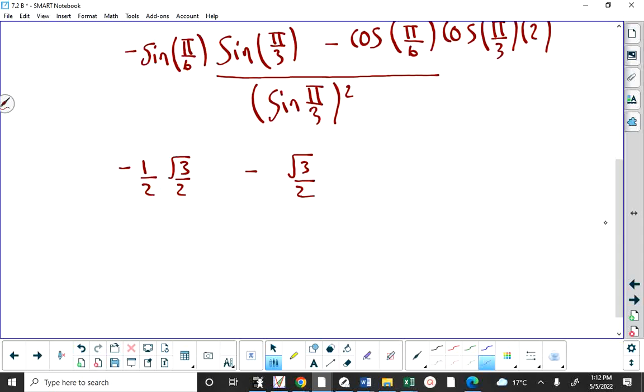Cosine at pi over 3 is 1/2, and I need to multiply by 2. This is over sine at pi over 3, which is root 3/2, and I need to square it. I'm going to take a minute here and see if my trigonometric values are correct.